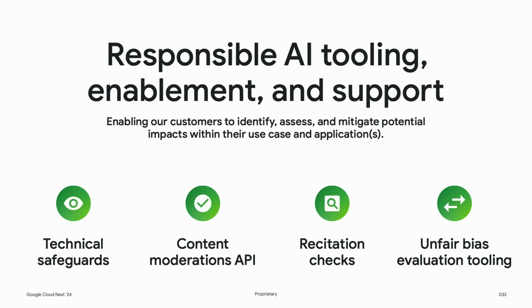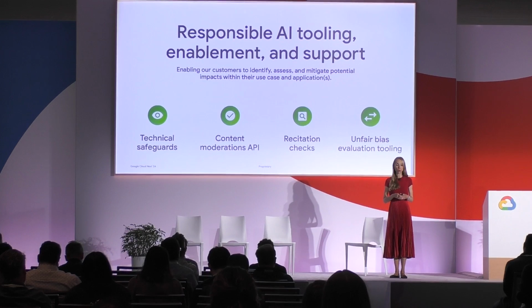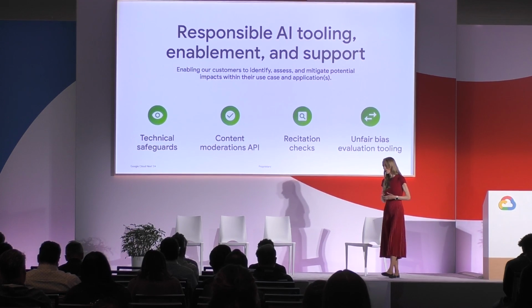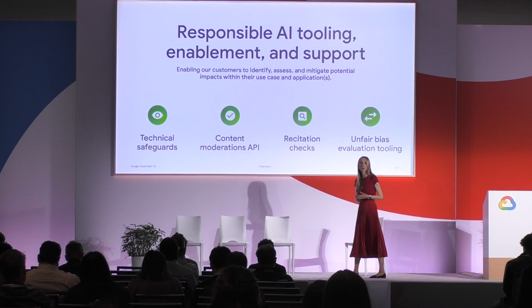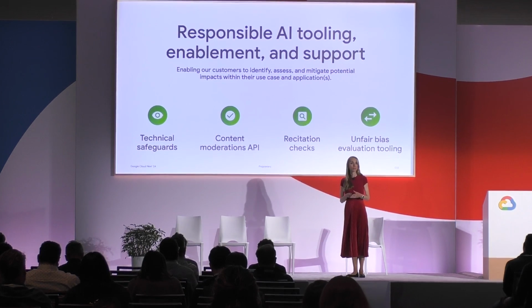And last but not least, I'm sure you've seen already or even experimented with our bias evaluation tooling that tries to mitigate the risks of biases across genders, races, religions, and so forth. These are just some of the tooling.